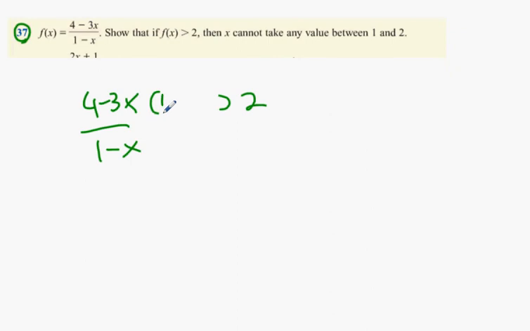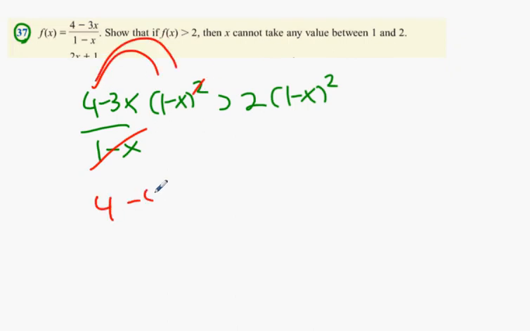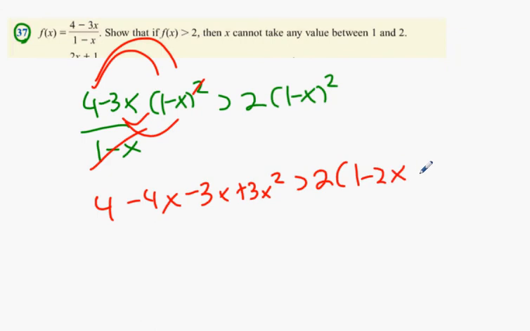So what we do is multiply by 1 minus x squared both sides, yeah? Then we cancel that one with one of them. And we get 4 minus 4x minus 3x plus 3x squared, yeah? Greater than 2 brackets 1 minus 2x, oh sorry, plus x squared.